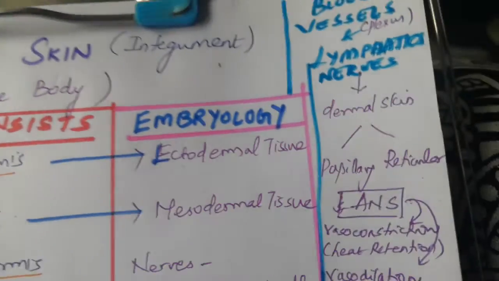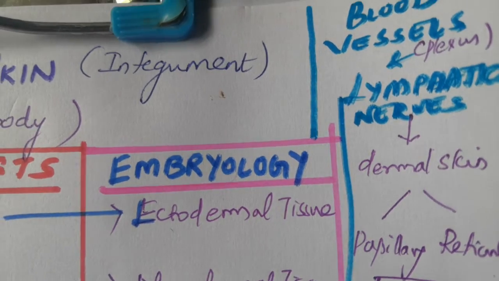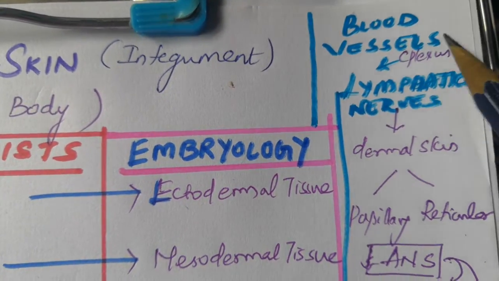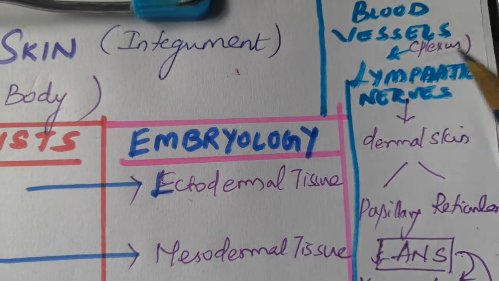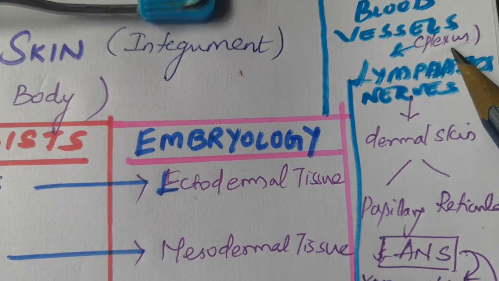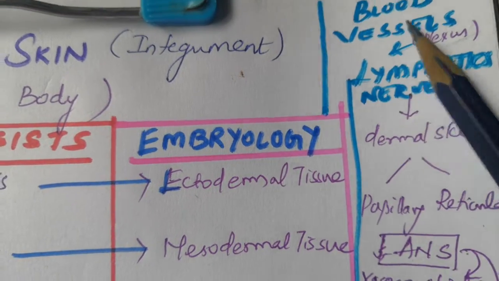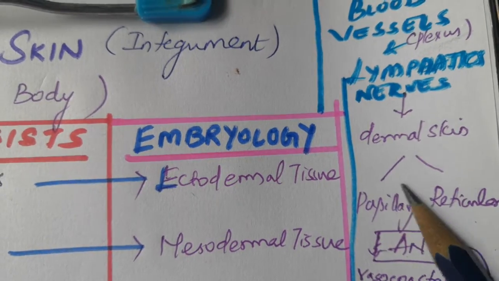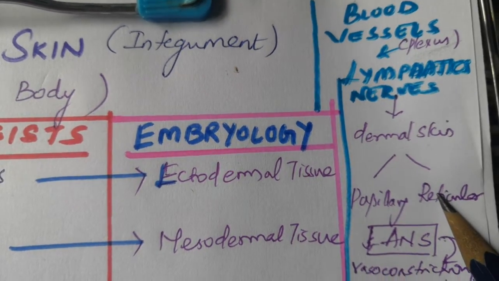And then coming to the blood supply and lymphatics and nerves. So blood supply is always in the form of plexus in the skin. Remember, the pattern is plexiform. Okay, the blood vessels are plexus in nature. Mostly it will be in the dermal skin, wherein the dermal skin it will be having papillary and reticular layers.